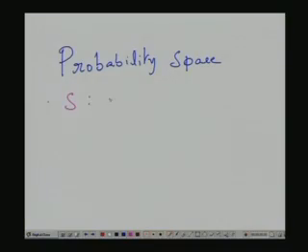First, let there be a set S. This set can be finite, countable or infinite. Finite and countable are the simplest of all cases. Finite means the total number of entries is finite, and countable means it can be infinite but countable. Can you give an example of such a set, infinite but countable?